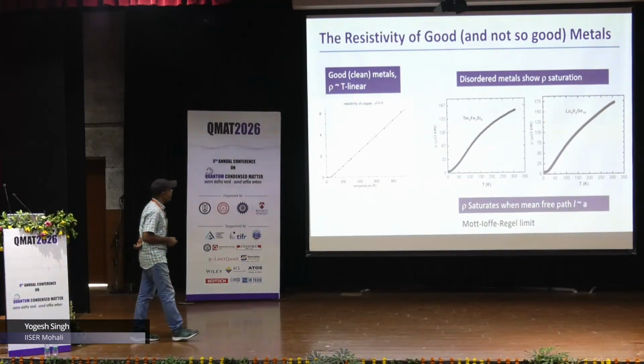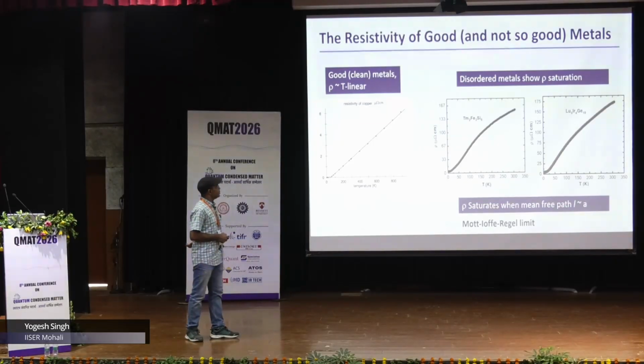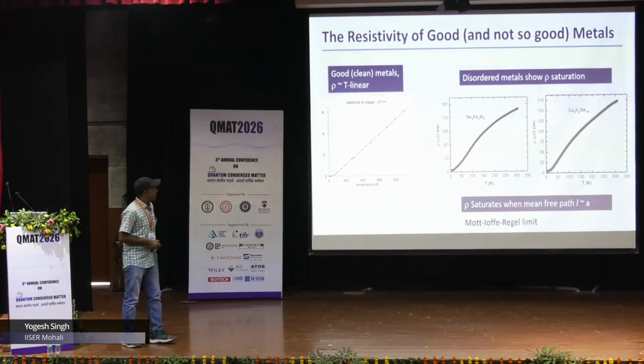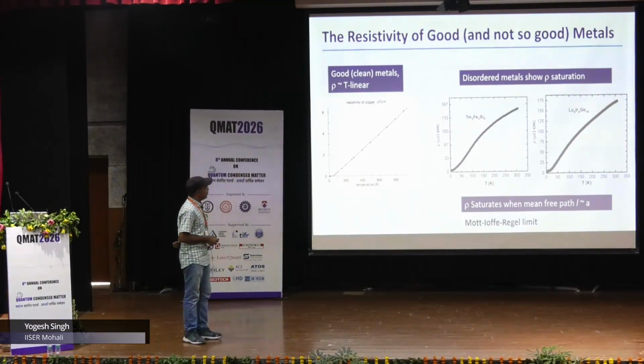On the other hand, if you have disordered metals like alloys that we sometimes work with, then you will see almost universal behavior like this, where the T to the 5 from phonons rolls over to something which looks like a saturation.